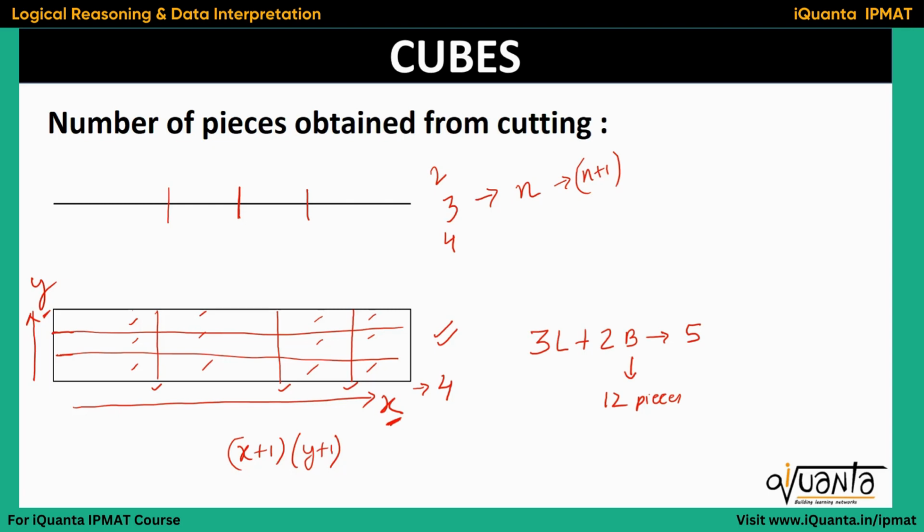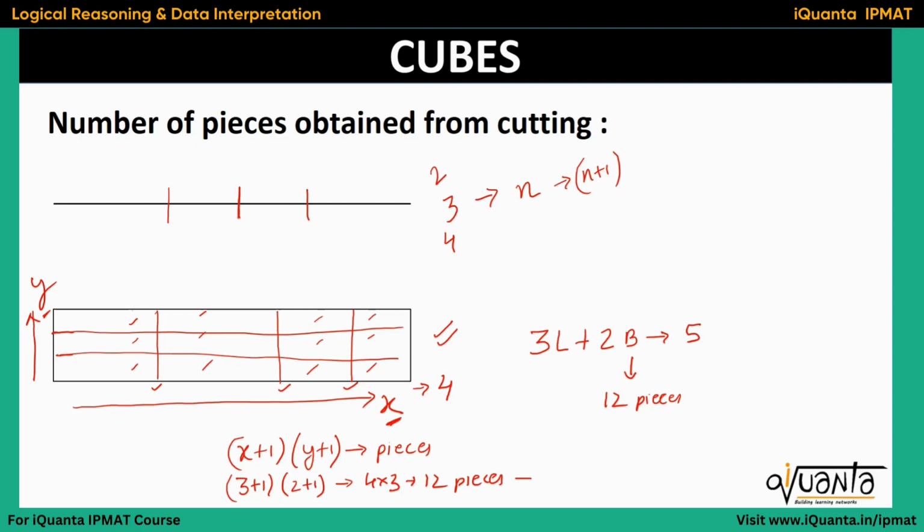So the total number of pieces would be (x plus 1) into (y plus 1). In the given case, we made 3 cuts along the length and 2 cuts along the breadth, which gave us 4 into 3, which means 12 total pieces.